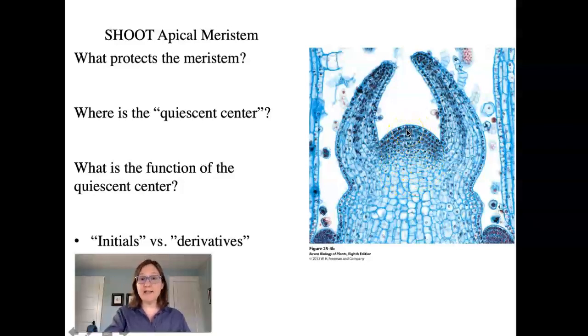The quiescent center is an area that is a genetic reserve for the plants, and they only divide quite rarely, maybe once every 100 divisions, and they give the dividing cells fresh material every once in a while so that the cells which are actively dividing and potentially accumulating mutations don't accumulate too many mutations.